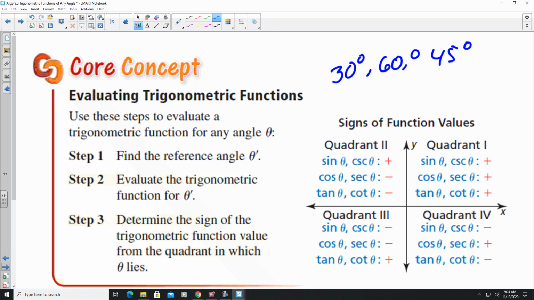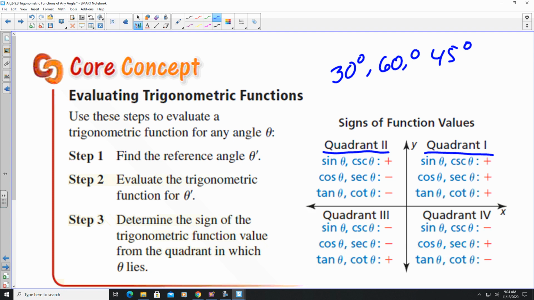What we have here in each of these quadrants determines the sign of the trig function. If you look here in quadrant 1, it doesn't matter which of the 6 trig functions they are, all 6 of them are going to be positive. But if you look in quadrant 2, sine and cosecant are positive, cosine and secant are negative, tangent and cotangent are negative.